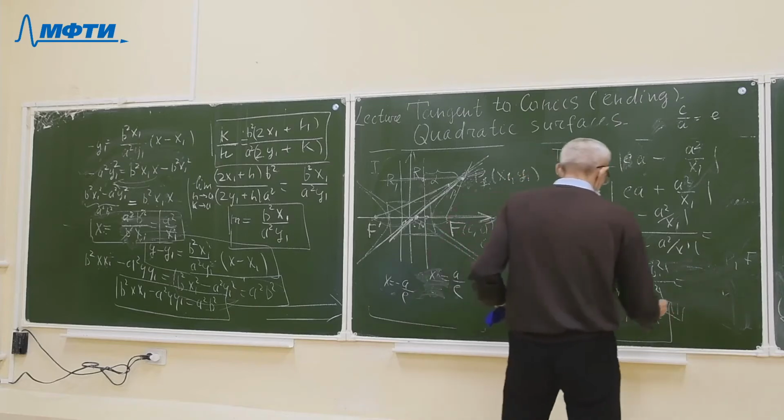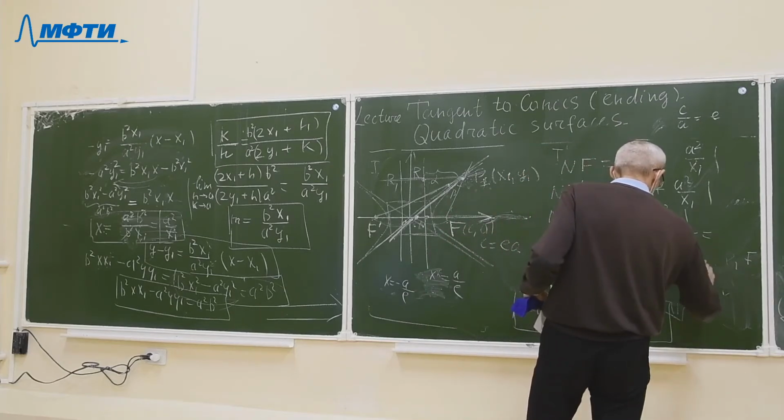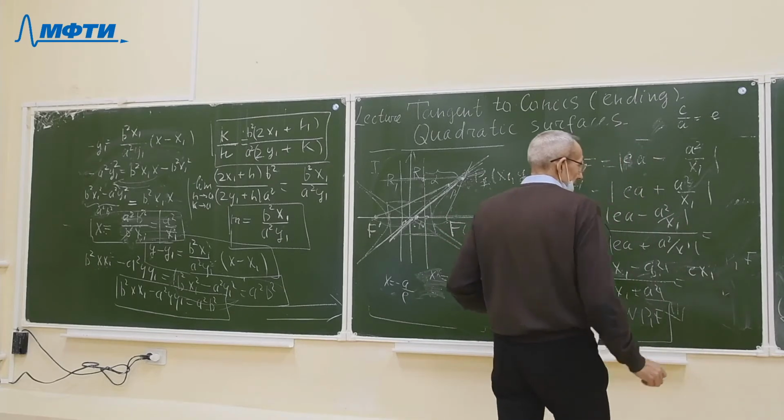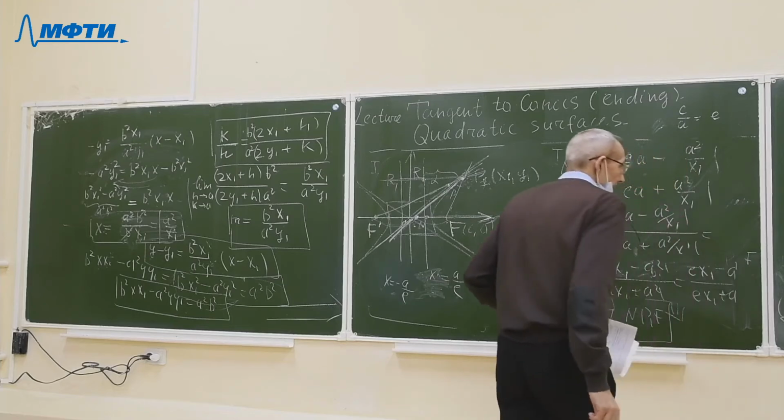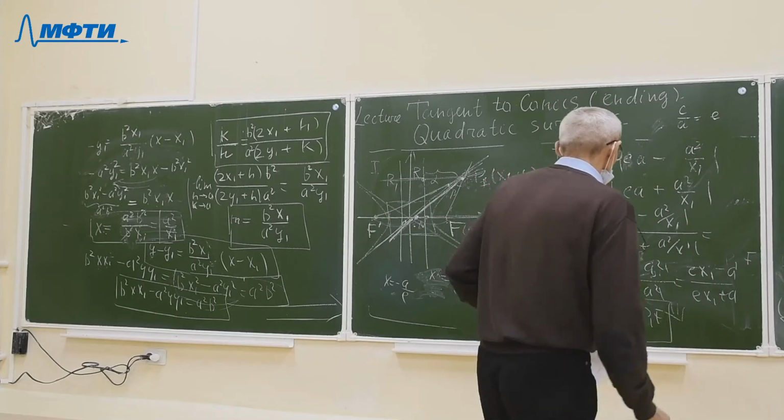and equal to e x1 minus a divided by e x1 plus a.